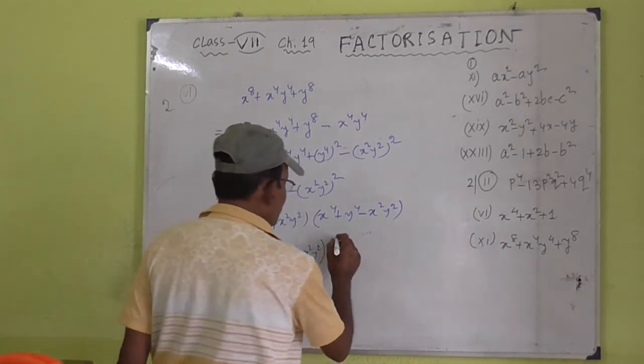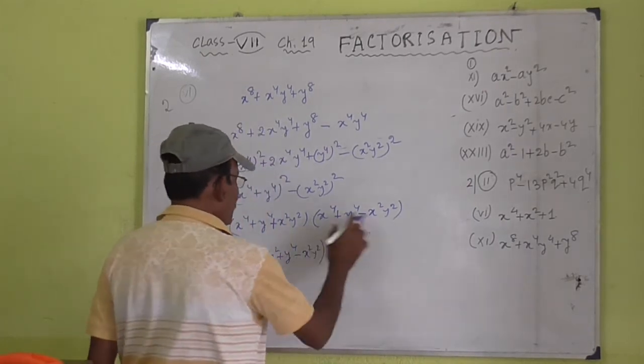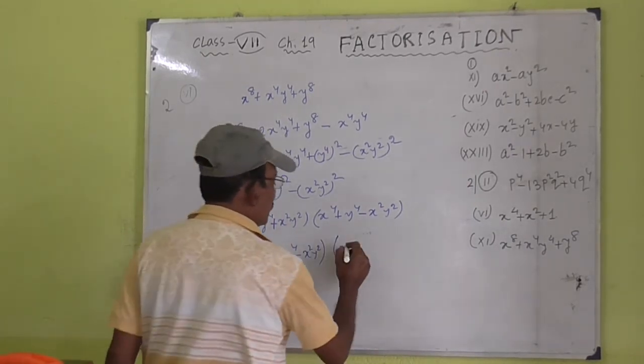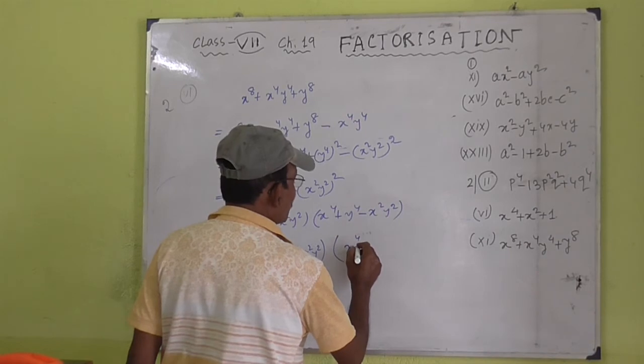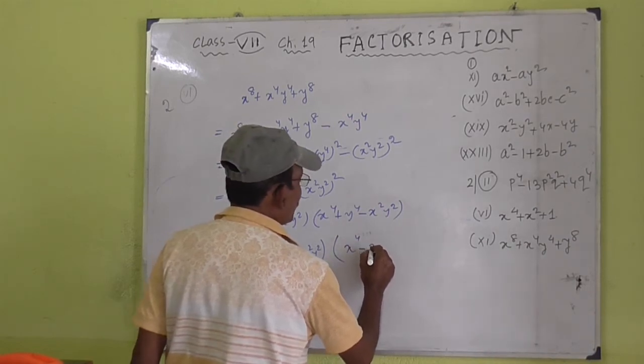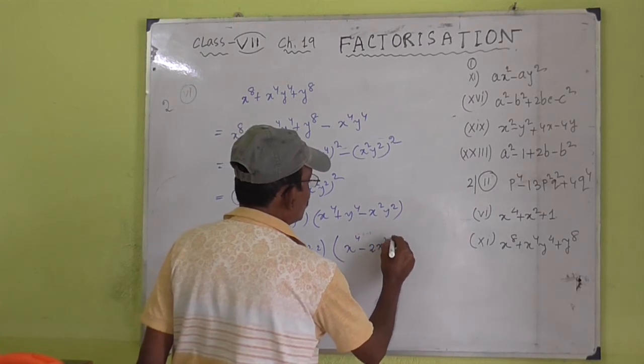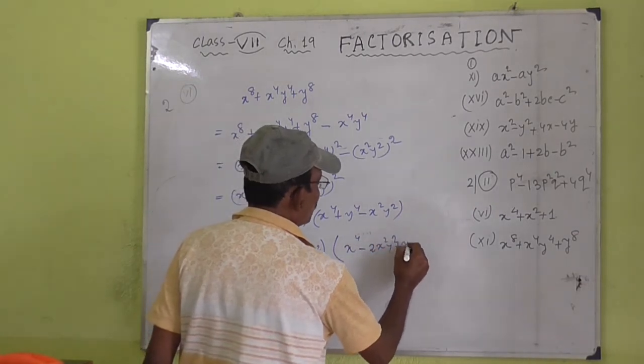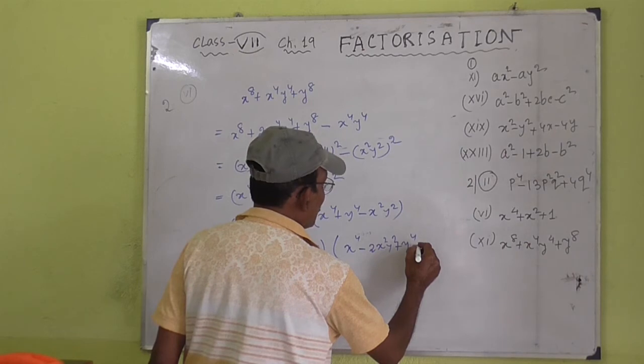And let us try to make this form x to the power 4 minus 2x square y square plus y to the power 4.